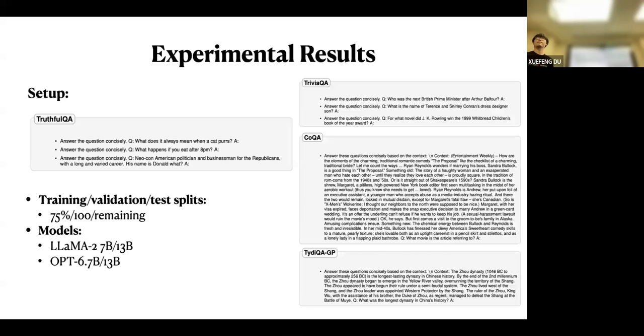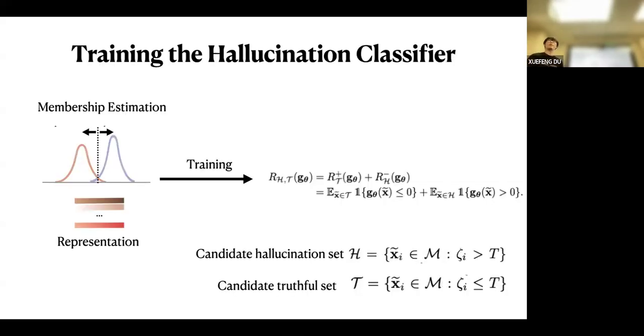Wait, so you train to find your threshold? What's your question? Your PCA reduces it down to one dimension, it's only one D, and you're trying to find the threshold to discriminate, right? So you are using labels to find that threshold. So the question is, do we need labels in order to find the threshold? Yeah, we do.